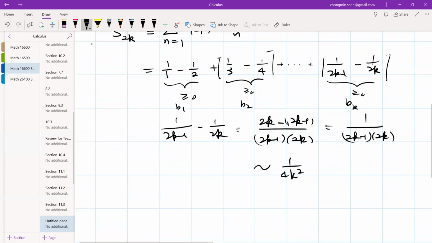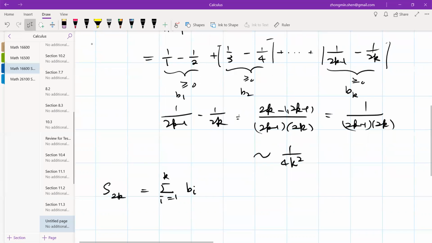Then S_2k is just the sum from i equals 1 to k of Bi. You actually convert this alternating series to a series with positive terms. And Bk is 1 over (2k minus 1)(2k), which is almost equal to 1 over 4k squared.